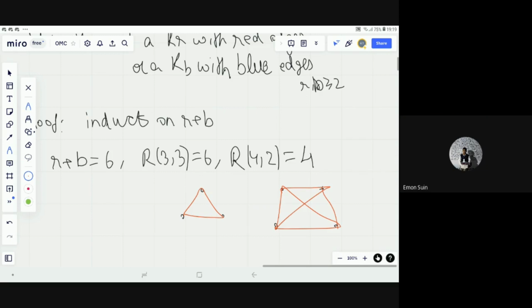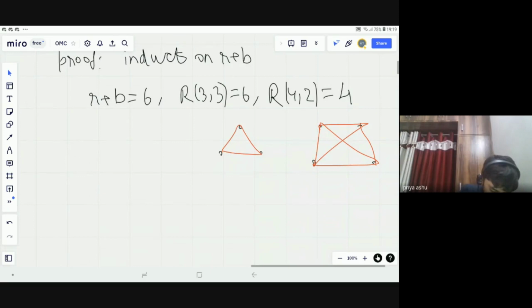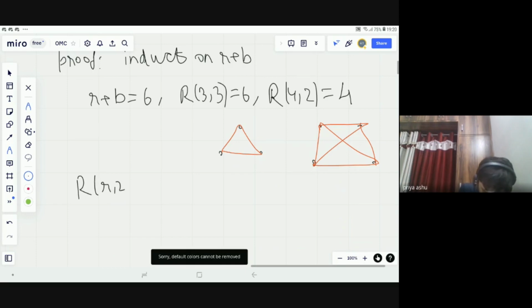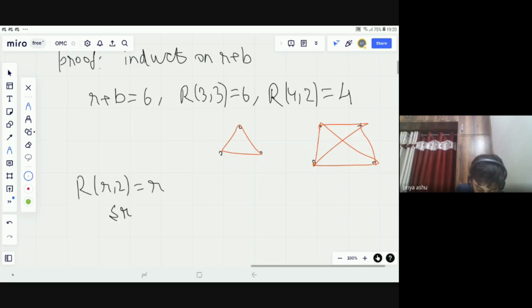Okay, perfect. So we're done with the base case. And just as we did for R of 4 comma 2 being 4, we can also prove that R of r comma 2 is r by the exact same method. That is, if we have at most r minus 1 vertices, we color all edges red.